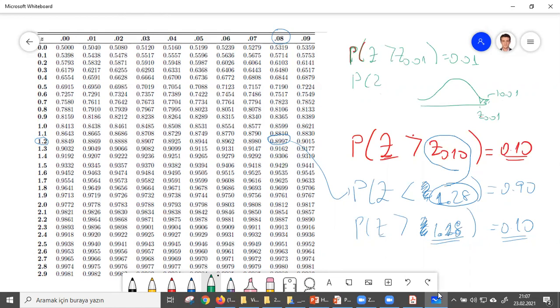Or the probability that z is smaller than z sub 0.01 is equal to 0.99. So from the table, I will try to find 0.99, which is there. This is 2.33. So the probability that z is smaller than 2.33 is equal to 0.99, which means z sub 0.01 is equal to 2.33.